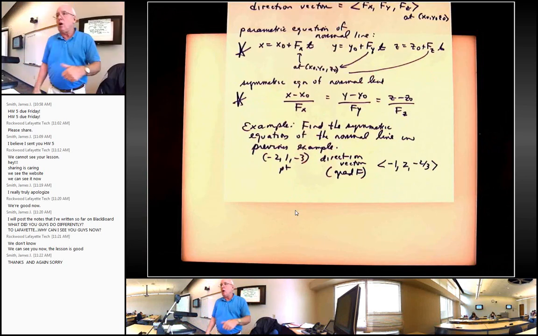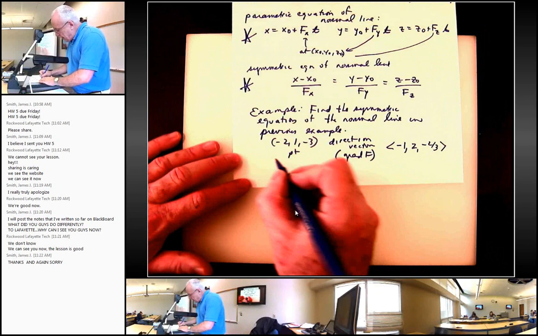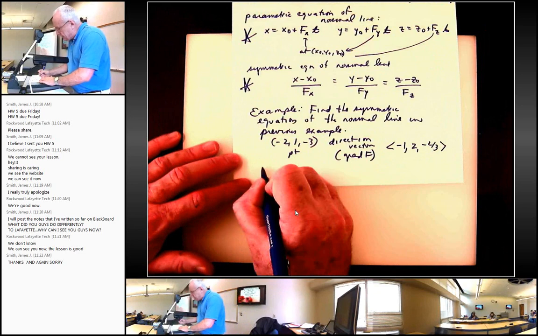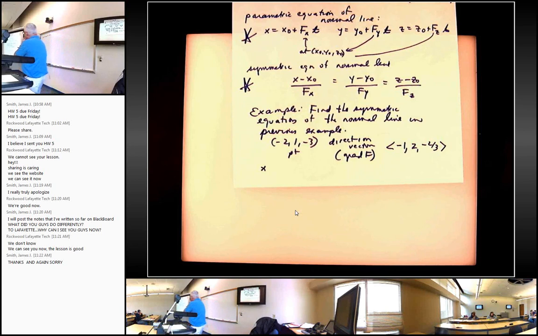So we've done all the hard work, we just have to plug it into the symmetric formula. Is that going to be x minus 2 or x plus 2 on the top there for the symmetric?